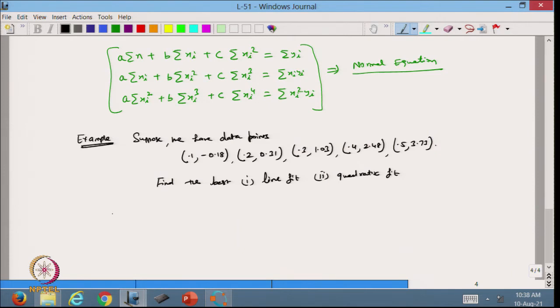Now, my x is 0.1, 0.2, 0.3, 0.4, 0.5, and my y is minus 0.18, 0.31, 1.03, 2.48 and 3.73.